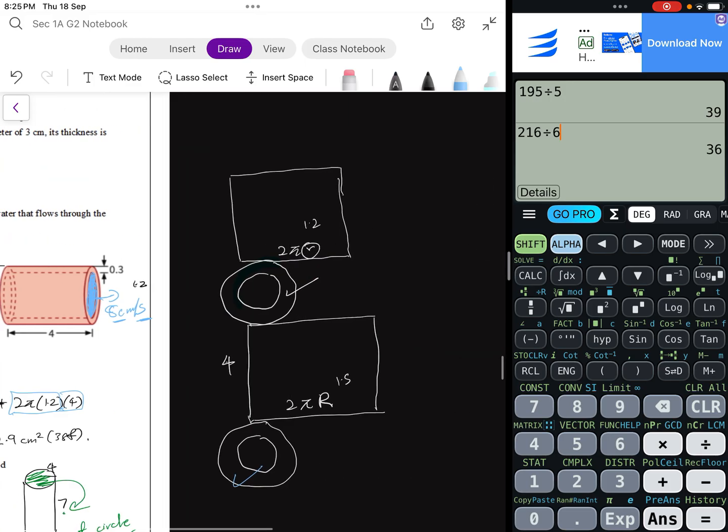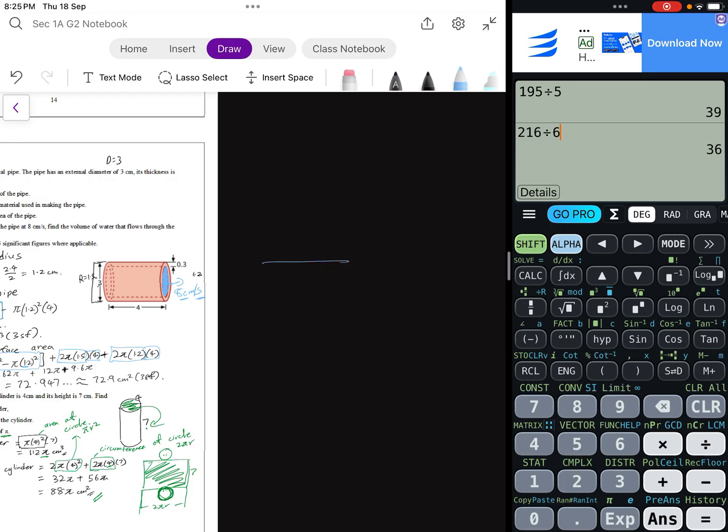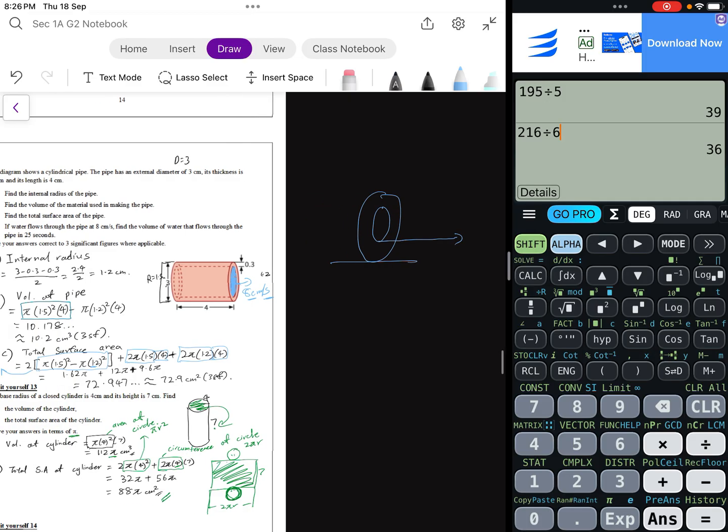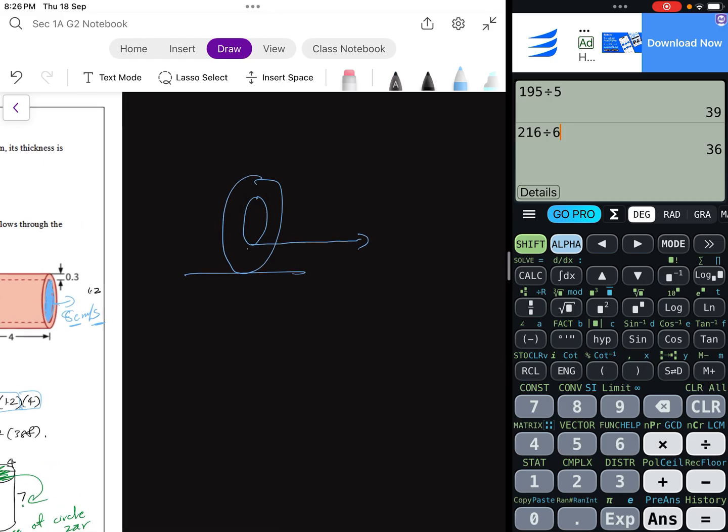So what do I mean? Basically, at this point, the entrance of the cylinder, the water is coming out.